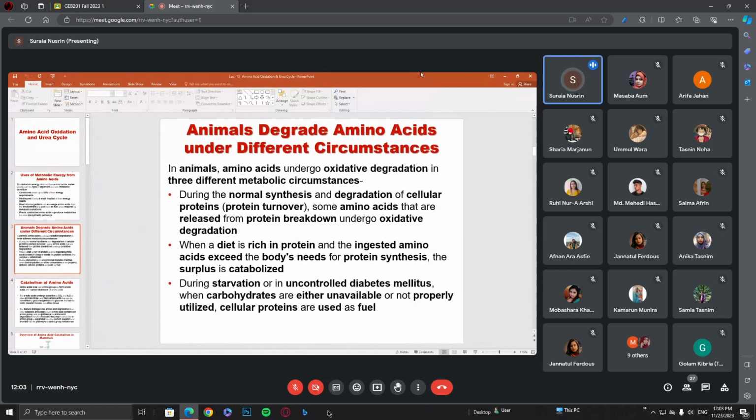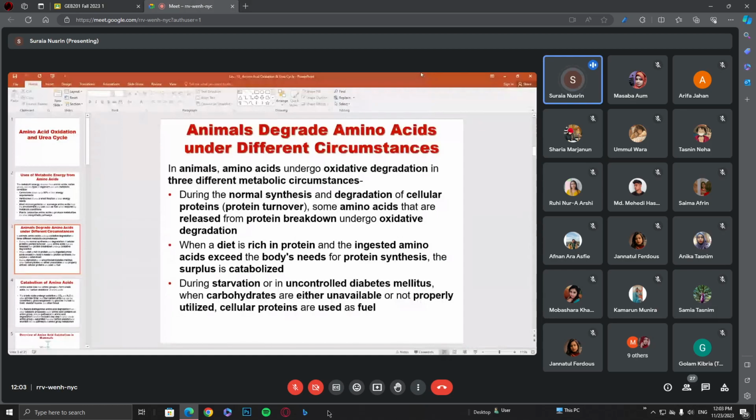Okay, now because we are learning about the metabolism of animals, specifically mammals, animals catabolize amino acids in different circumstances, and among those, three are important.